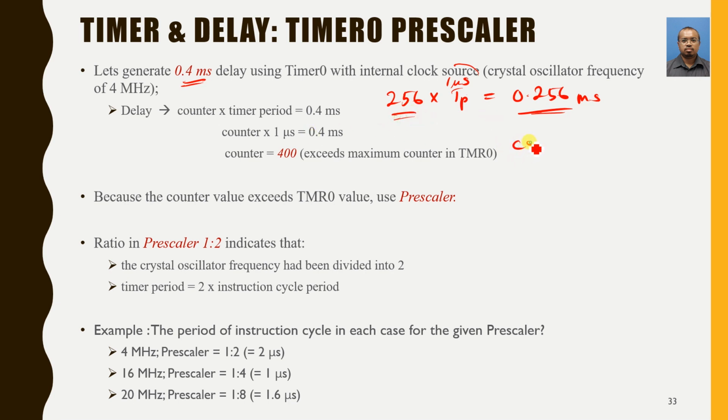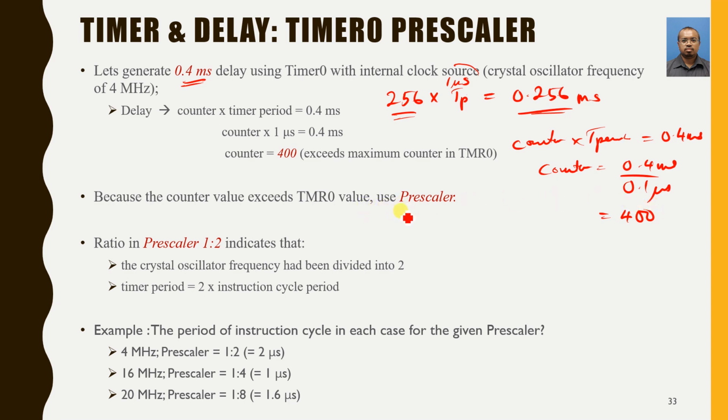The formula again, counter times the timer period becomes 0.4 millisecond. So the timer period is 0.1 microsecond, so the counter becomes 0.4 millisecond over 0.1 microsecond. So you need 400, which is exceeding the maximum counter.